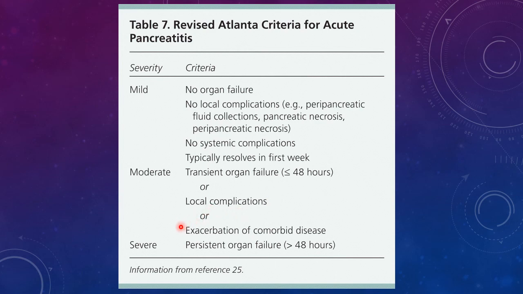Or the symptoms and signs are exacerbated due to comorbid disease that is present. For example, the patient may have cardiac problems, diabetes, hypertension, and all sorts of metabolic problems that can exacerbate the condition.